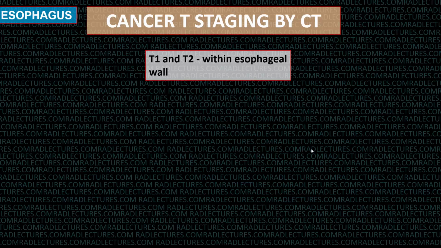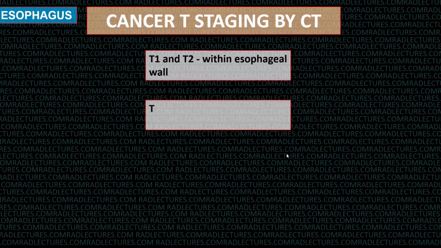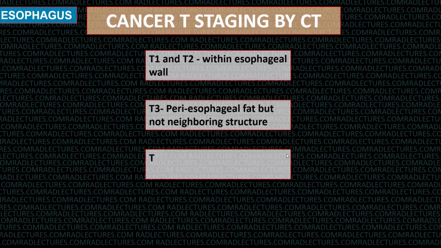We cannot diagnose them on imaging other than transesophageal ultrasound, which doesn't fall within our purview. That goes to the gastroenterologist or the surgeons. T3 is involvement of periesophageal fat, but not any neighboring structures, and T4 is neighboring structure invasion.